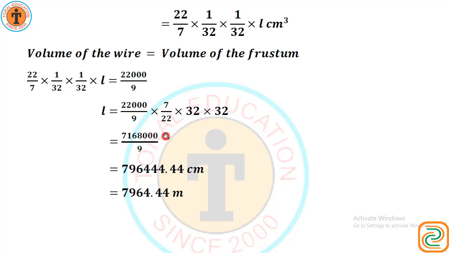So the answer is 7168000 upon 9. If we divide it by 9, we get it like this. This is in centimeter, if we convert into meter, divide by 100, it will be 7964.44 meter, our answer. This is the length of the wire which is drawn from the frustum.